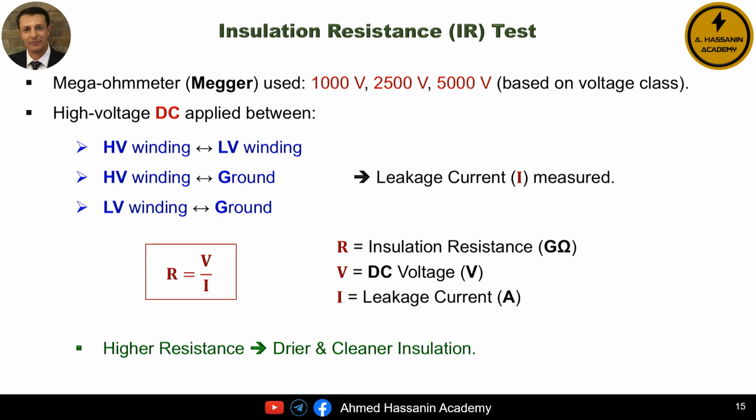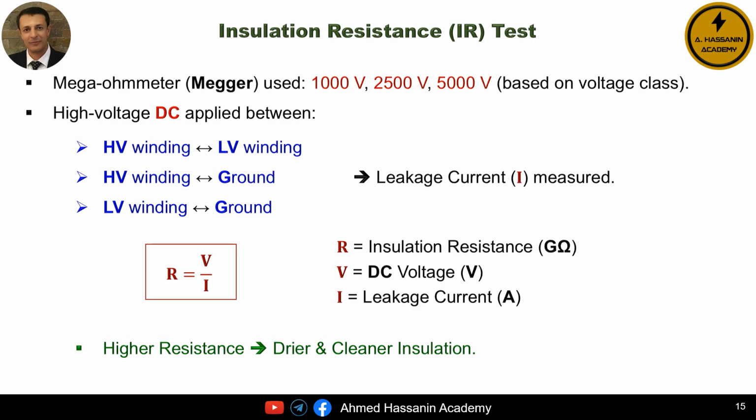Using the Mega, a DC voltage is applied between the high voltage windings and the low voltage windings, as well as between the high voltage windings and ground, and between the low voltage windings and ground. In each case, the current flowing is measured, or more precisely, the leakage current through the insulation is measured. By applying Ohm's law, where resistance R equals voltage V divided by current I, the insulation resistance value can be obtained.